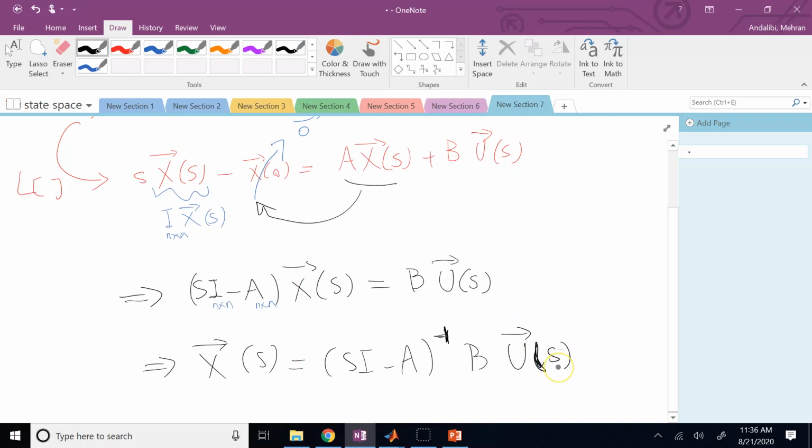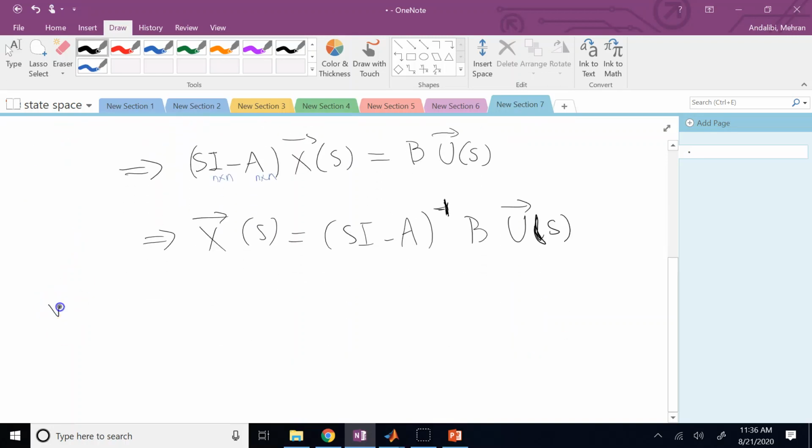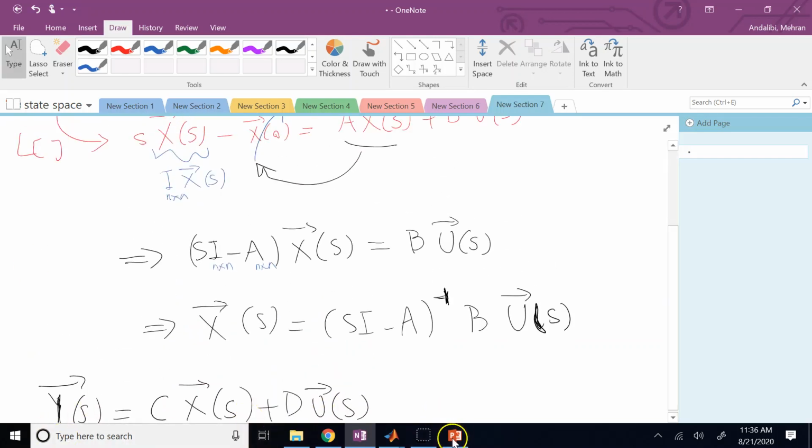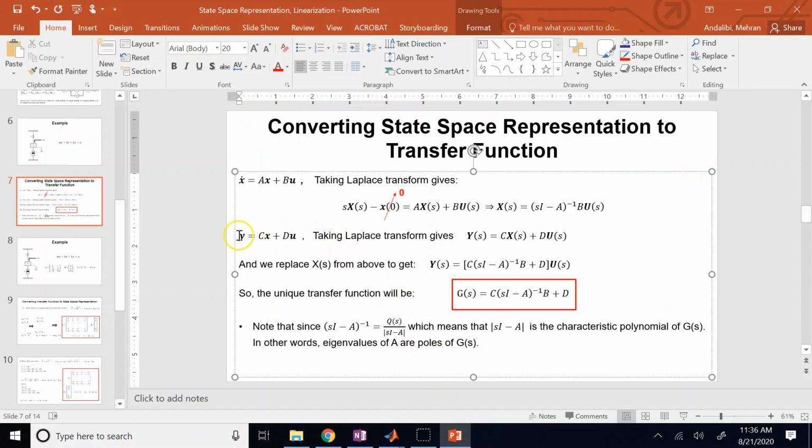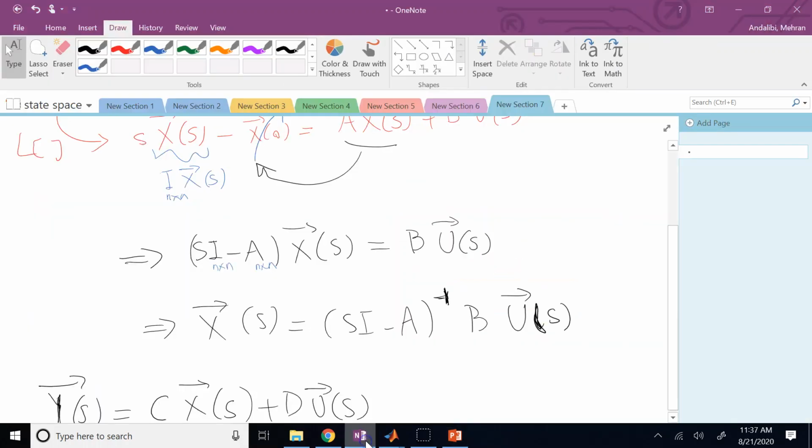Okay? Now Y(s) is equal to C times X(s) plus D times U(s), right? If you just take a Laplace from the output equation, your output equation is this one, I take a Laplace, I'll get this. And now this X I found in the earlier stage, I replace it here, correct?